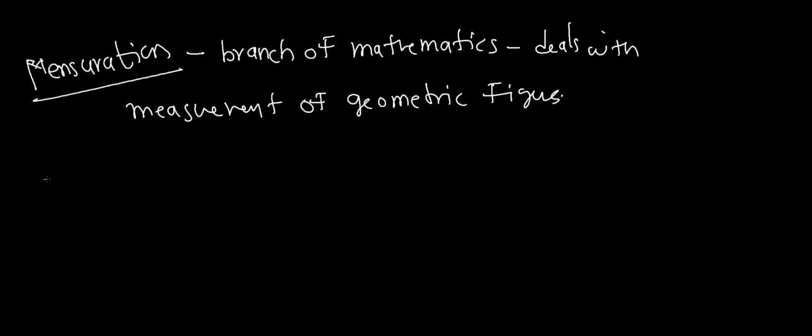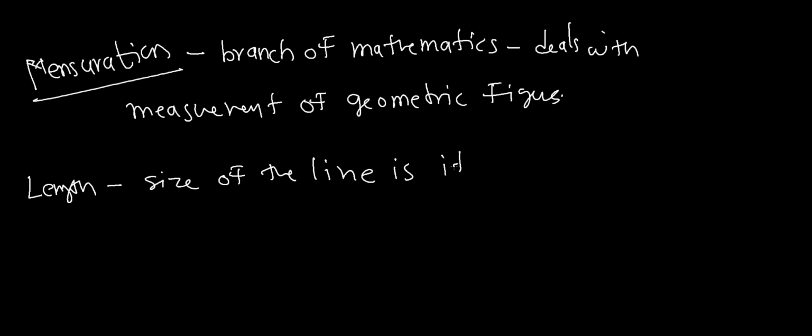So we'll start first with length. We are seeing the concepts related to mensuration. So first is length. What is length? It's the size of the line. So the size of the line is its length. We generally say the length of the line segment.